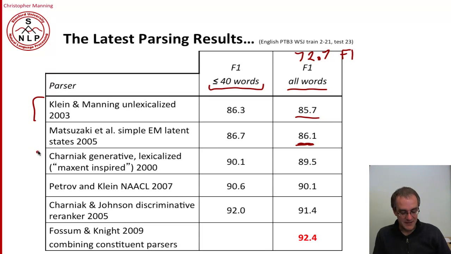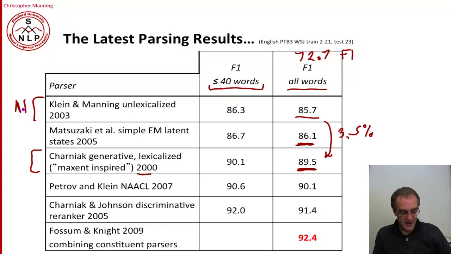So the best of the Charniak-Collins family of lexicalized PCFGs was this more recent model of Eugene Charniak's from 2000, and it was getting 89.5%. And so it seemed like maybe this 3.5% gap was the value that you were getting from lexicalization beyond what you got from this basic state splitting.